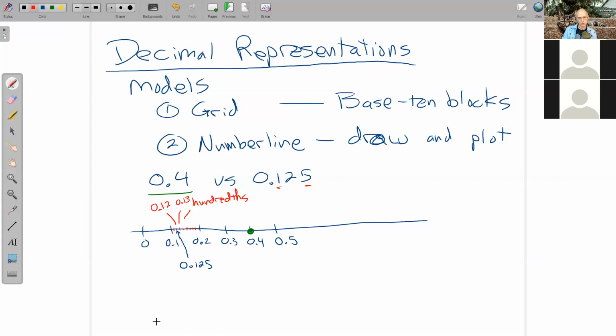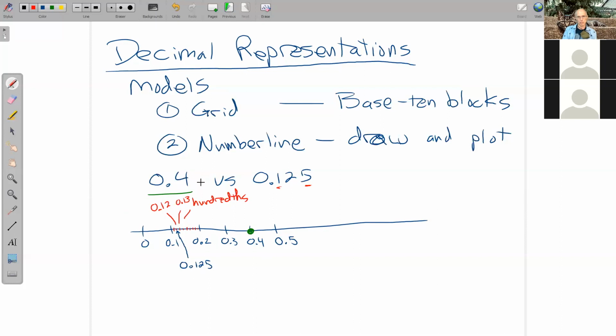Okay, so getting used to placing decimals is sometimes not trivial. You got to think about it and have the right scale drawn out. And so you'll see lots of worksheets and online activities that kids do where they have to try to put decimals in the right spot compared to each other.